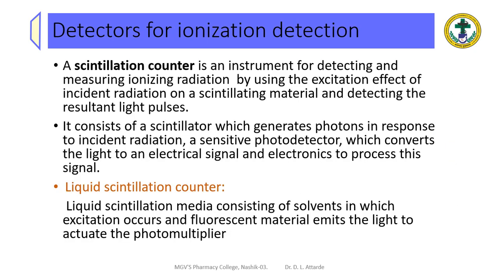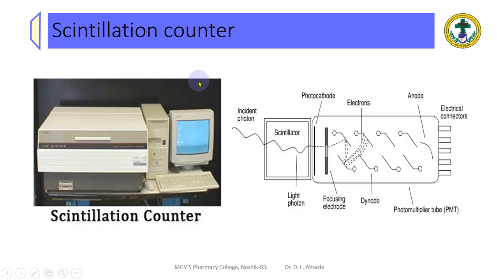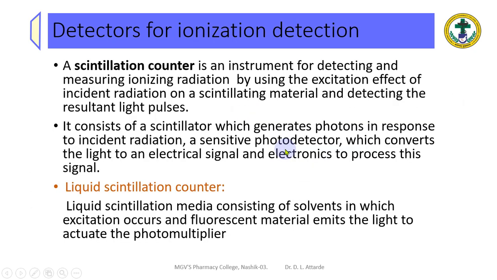So, we'll see again, the scintillation counter is an instrument for detecting and measuring ionizing radiation by using the excitation effect of incident radiation. Means this excitation occurs of the scintillator because of incident photons. So, this is the excitation effect of incident radiation on a scintillating material and detecting the resultant light pulses.